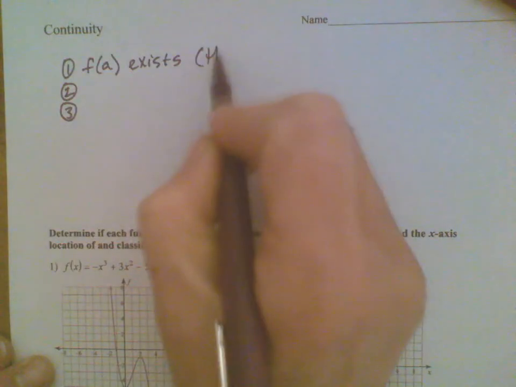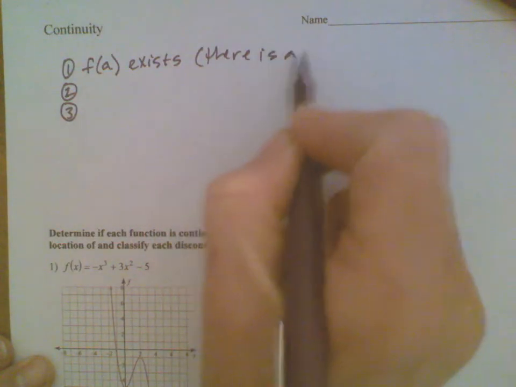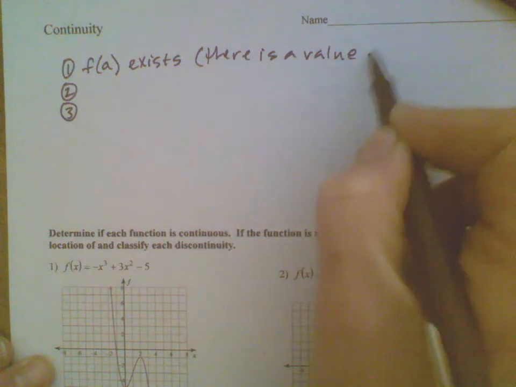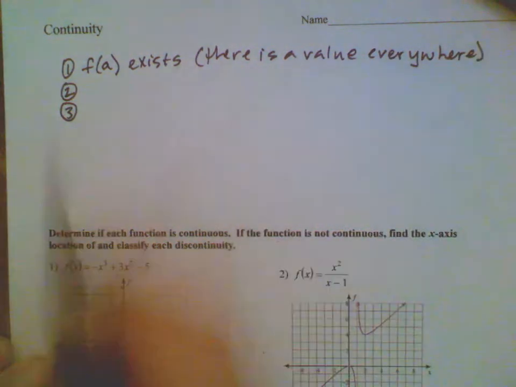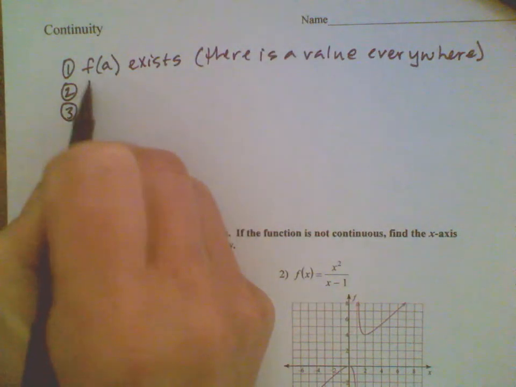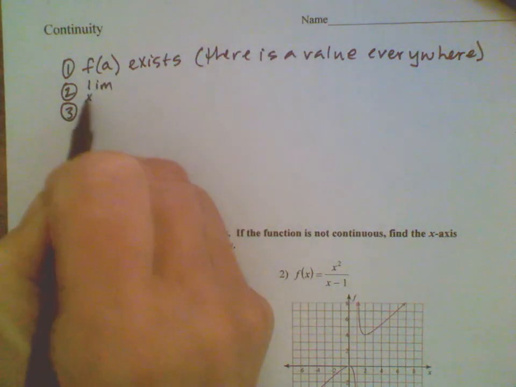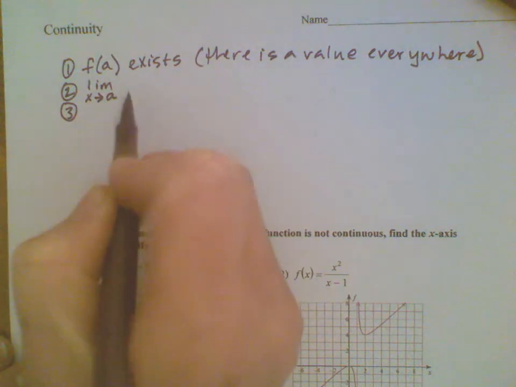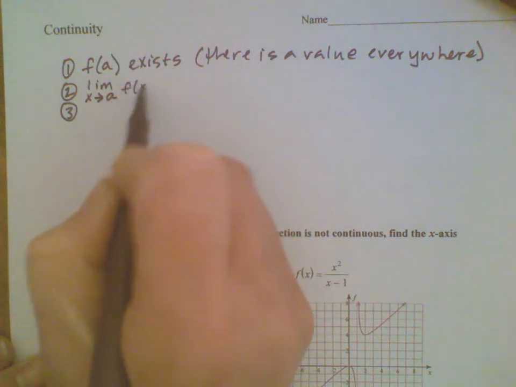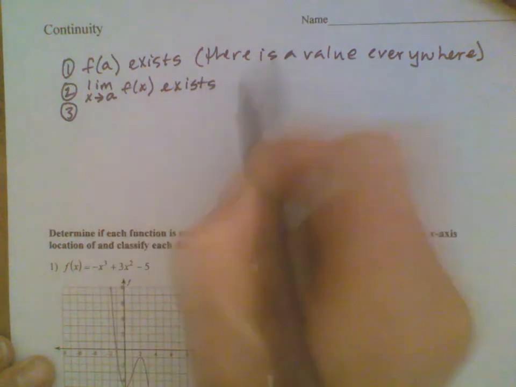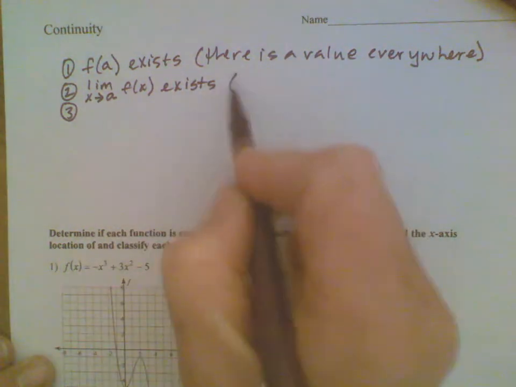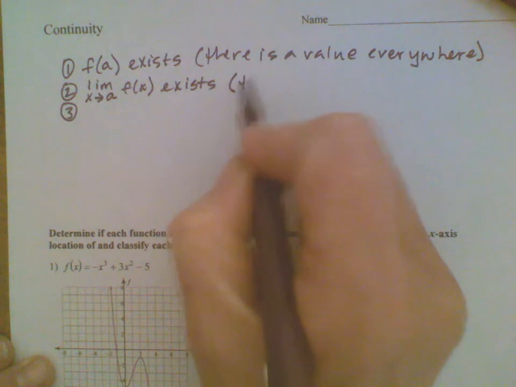So there is a value everywhere. The next thing that has to happen is the limit as x approaches any value for that function also has to exist. So again, not only is there a value everywhere, but there is a limit everywhere.